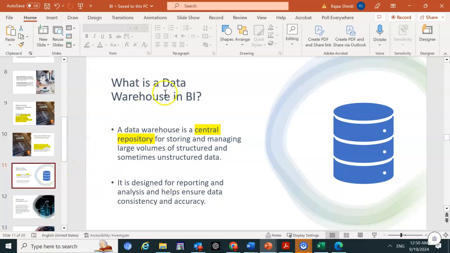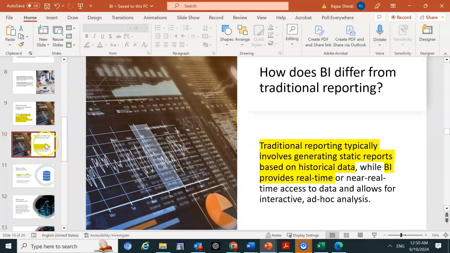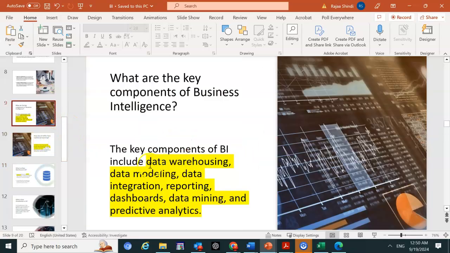When I mentioned the BI warehouse, what is it? It's one of the terminologies I just mentioned when talking about the components.